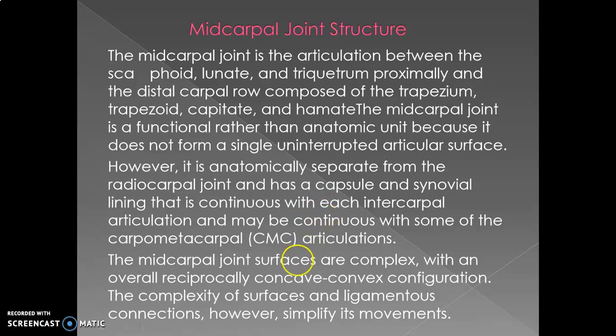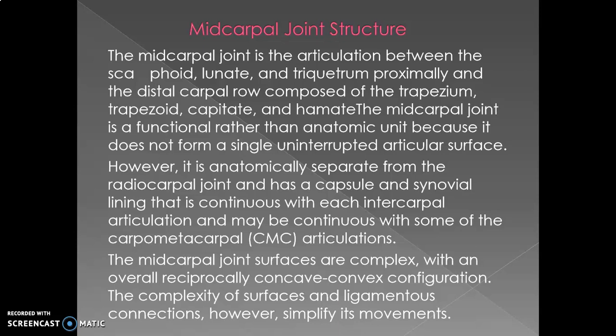The midcarpal joint surfaces are complex with an overall reciprocally concave convex configuration. If you take the joint surfaces of the midcarpal joints, that is, the joints between the proximal carpal row and the distal carpal row, they are comparatively complex. Why? Because they are not of a smooth, uniform shape. They have a concave convex, S-shaped configuration.